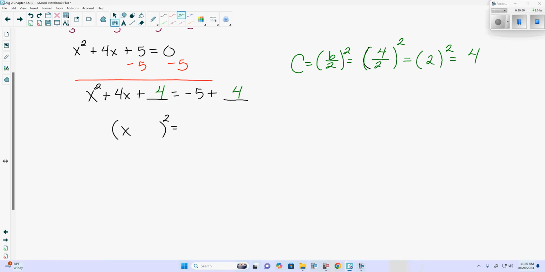So, x, number and sign, yes, would be plus 2, because the number and sign inside the parentheses before we squared it was 2. Now we take the square root of both sides.